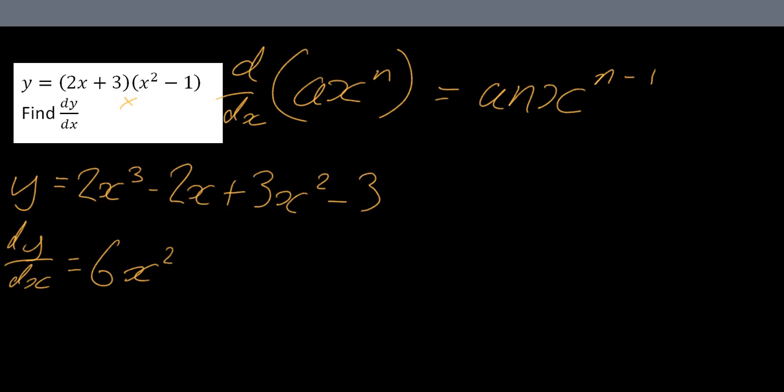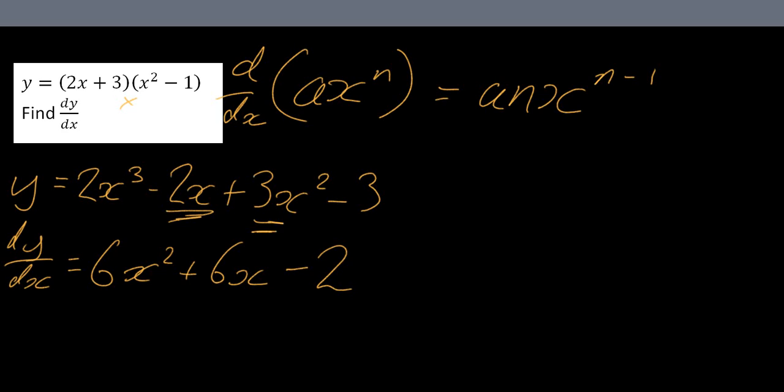So decreasing by order, we're going to work with 3x squared next. So 3x squared is going to be 6x. And next up we work with minus 2x, which becomes minus 2 in our derivative.